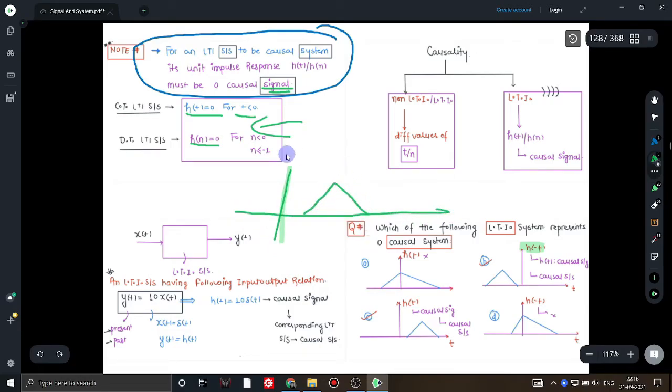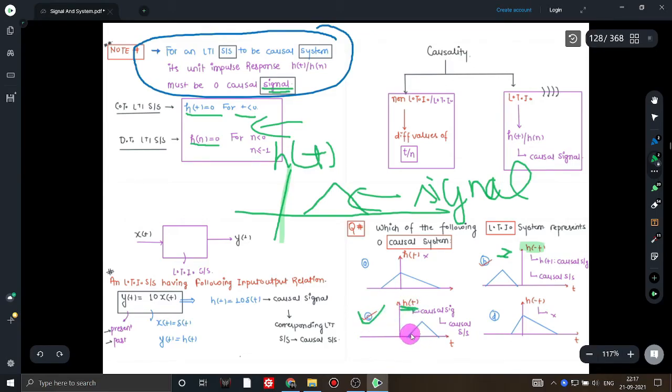This h(t) is a causal signal, so this impulse response is a causal signal. That's why this system is a causal system. Now this is also a causal system because h(t) is given and it is on the positive side of the time axis.